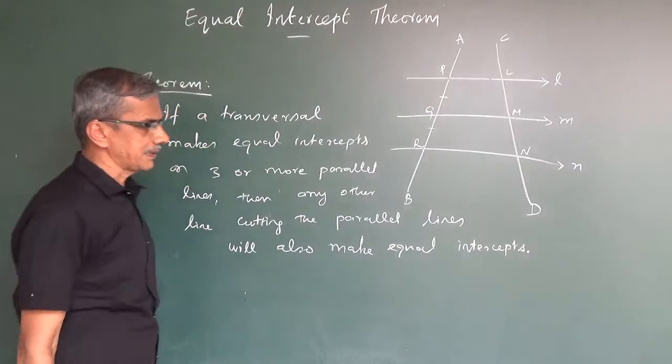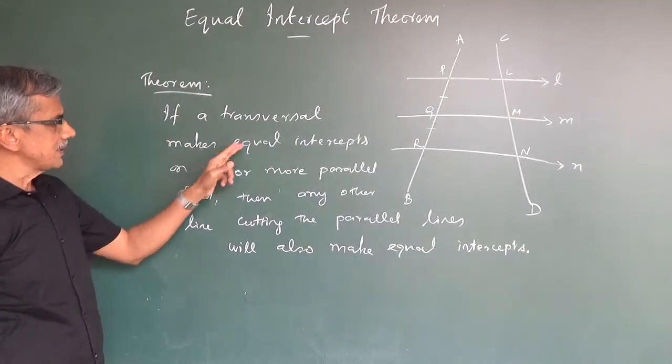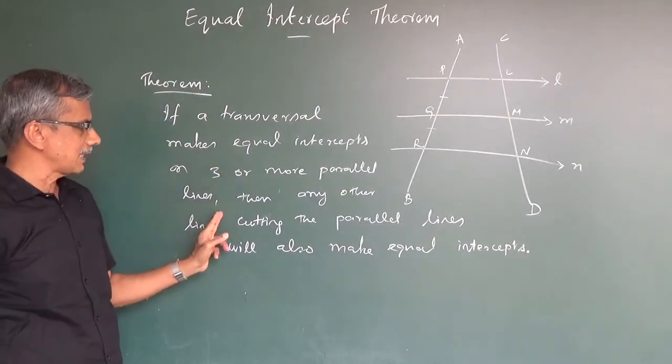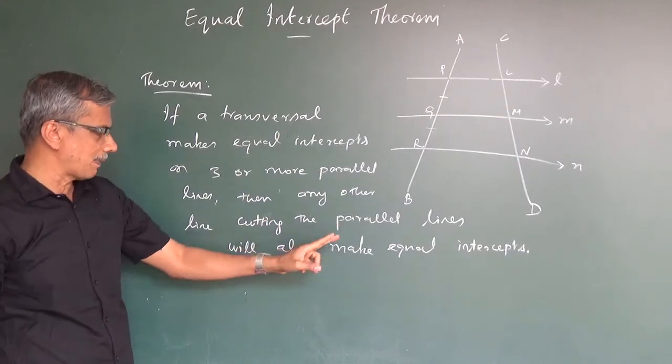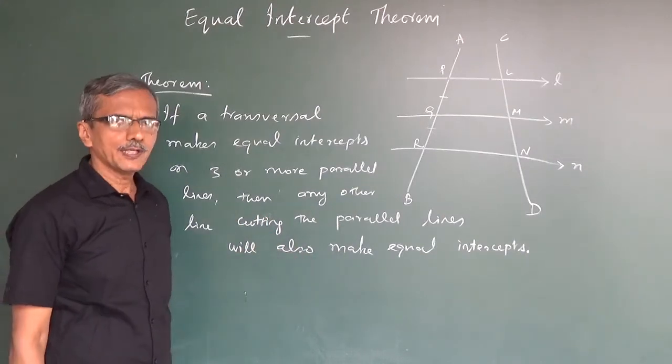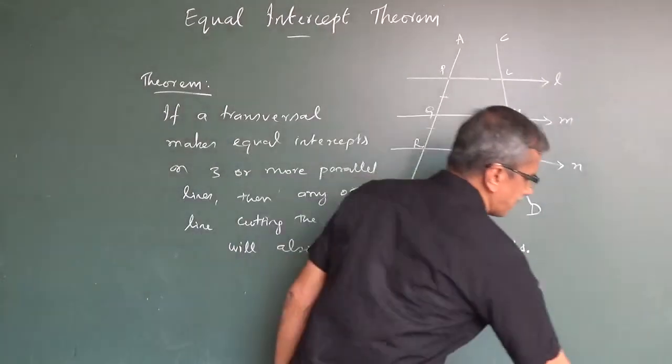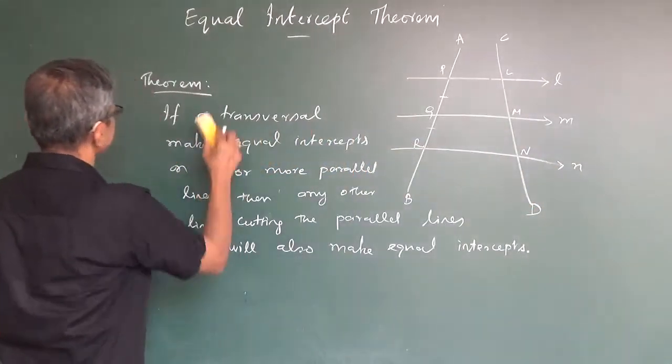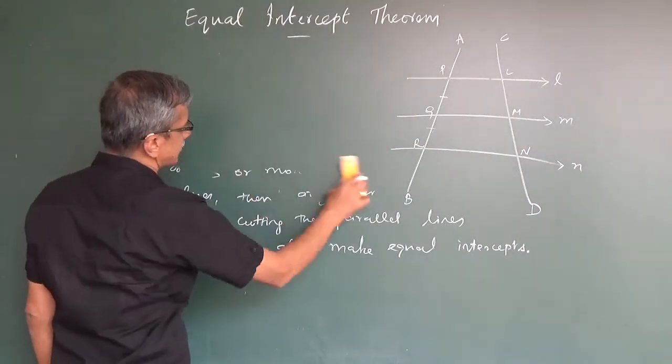So this is the theorem. If a transversal makes equal intercepts on three or more parallel lines, then any other line cutting the parallel lines will also make equal intercepts. So the proof of that we will see now. This is the statement of the theorem.